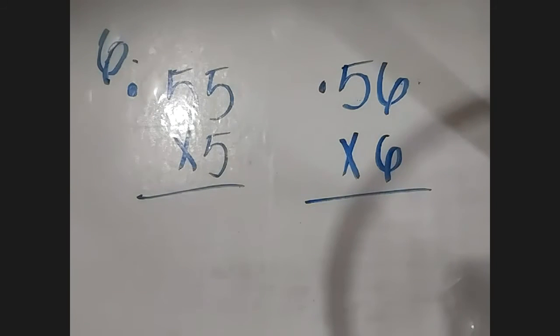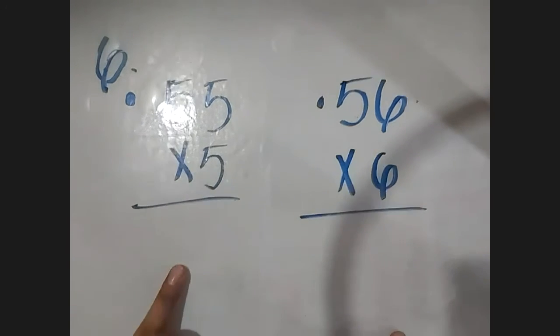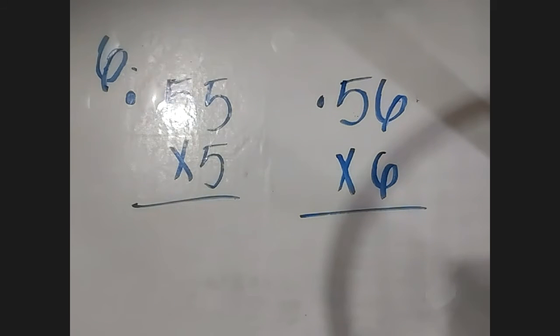We're gonna multiply, then we're gonna read them, and I'm gonna explain them. But first, do this multiplication. Do it alone. Do it first. Exercise number 6, solving the multiplications.